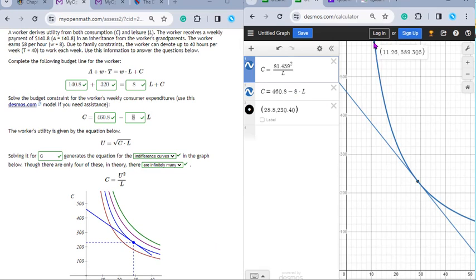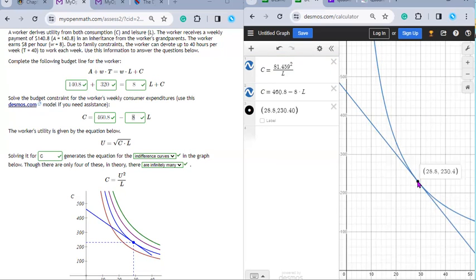Because here, leisure is scarce. Consumer goods are not. So we're willing to give up a lot of consumer goods to get an additional scarce unit of leisure. Down here, consumer goods are scarce, and so we're willing to give up very little consumer goods to get a little bit more of a very superabundant good called leisure. So that's why the marginal rate of substitution varies along the indifference curve.